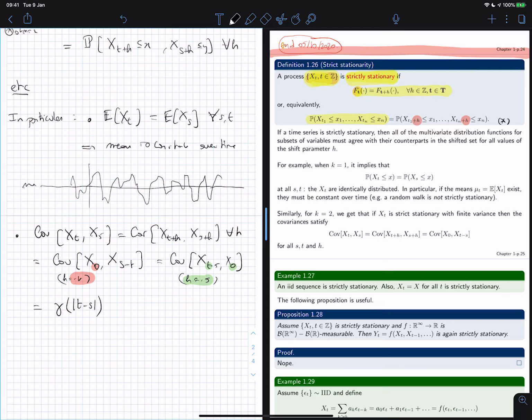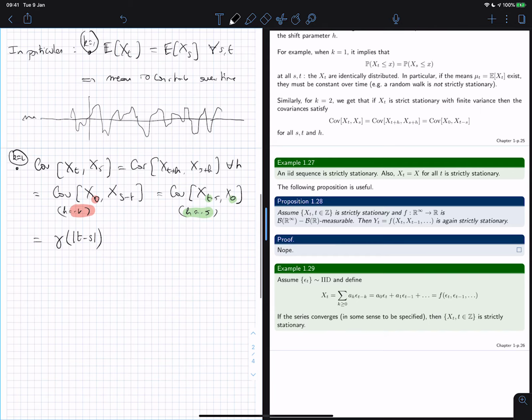So if your process is strictly stationary, the mean function is constant over time, and what we will soon be calling the covariance function only depends on the difference between the time points at which you're looking. Is this clear so far? Okay. So that's strict stationarity.